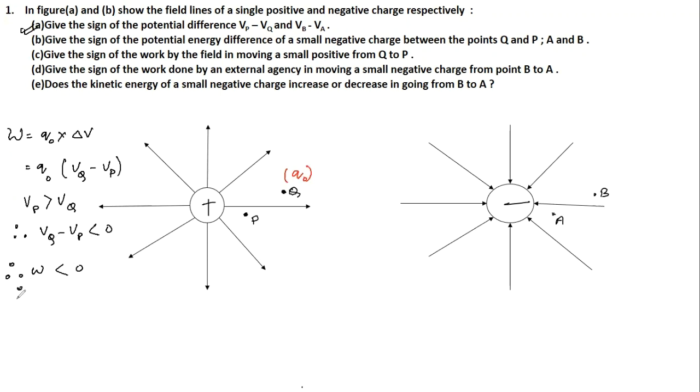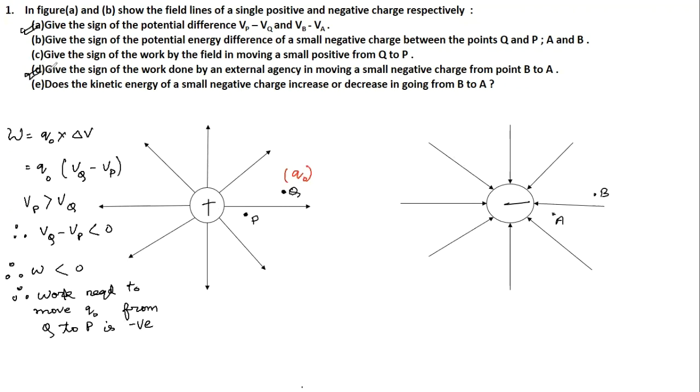So here, the work required to move Q naught from Q to P is negative. Okay, so this is how you find the sign convention in moving a test charge.